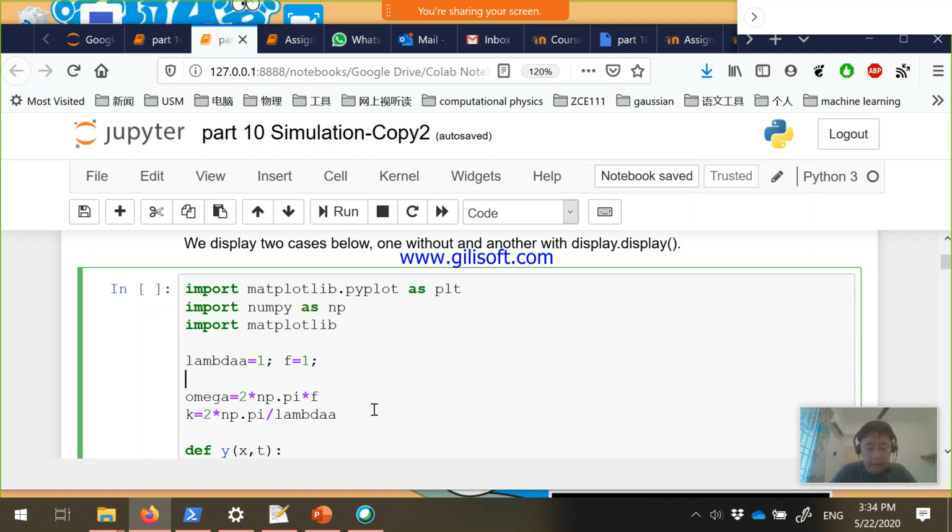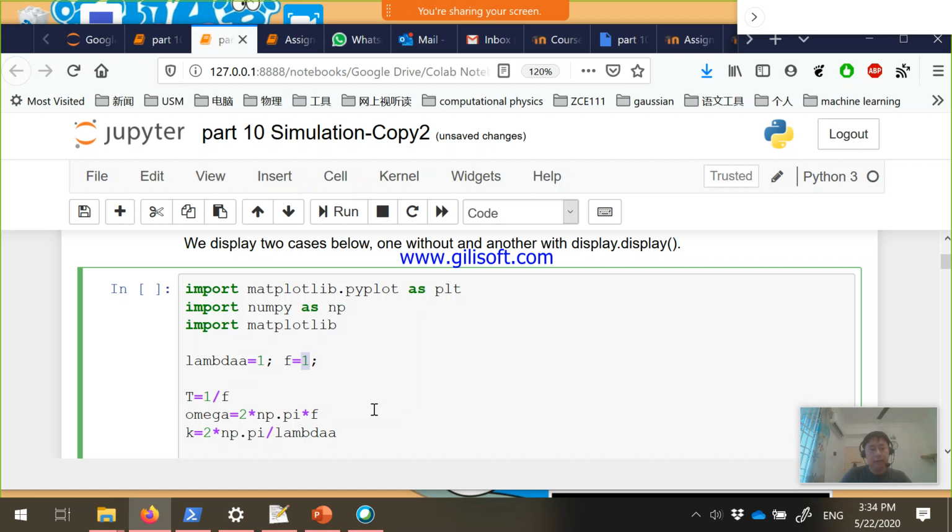Then I need to define my period, right? The period is 1 over f. So when you define the frequency and the lambda, then the period, omega and k are all fixed. Sometimes I use omega to describe my wave, sometimes I use frequency, so I define everything.